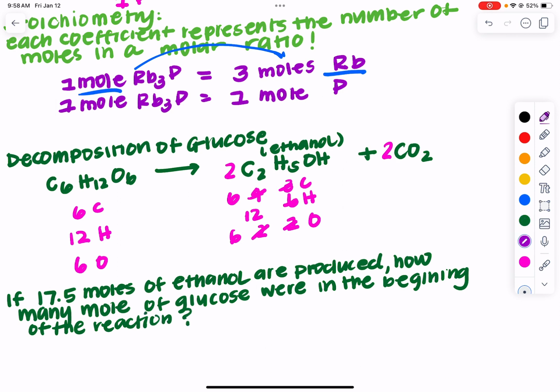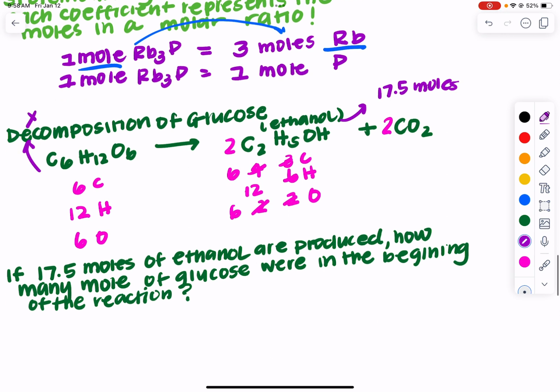Okay. So it's saying at the end of the reaction we have 17.5 moles of ethanol. But it's asking how much should we start with?